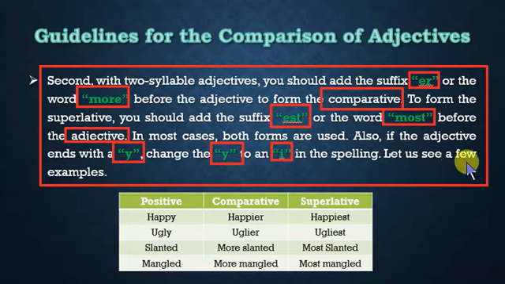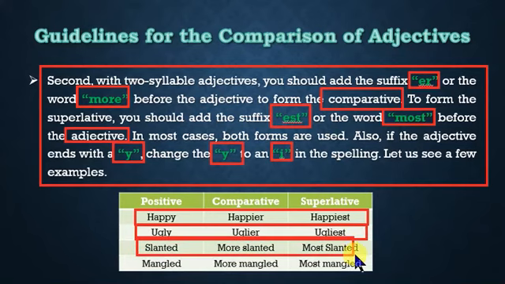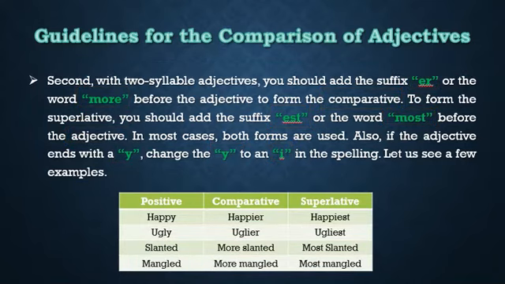Let us see a few examples. Happy, happier, happiest. Ugly, uglier, ugliest. Slanted, more slanted, most slanted. What is the meaning of slanted? Turn, or we will say fold. Next, mangled, more mangled, most mangled. What is the meaning of mangled? Kill, or we will say destroy. So we will move to the next slide.